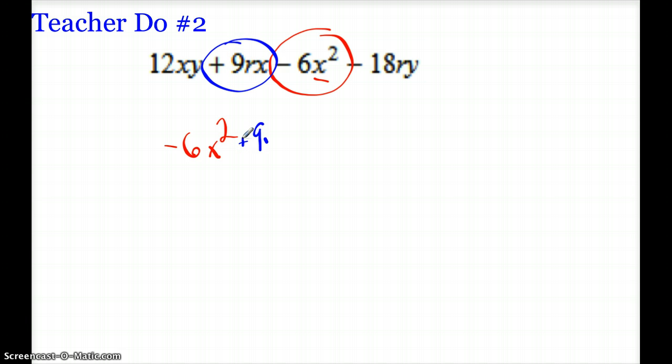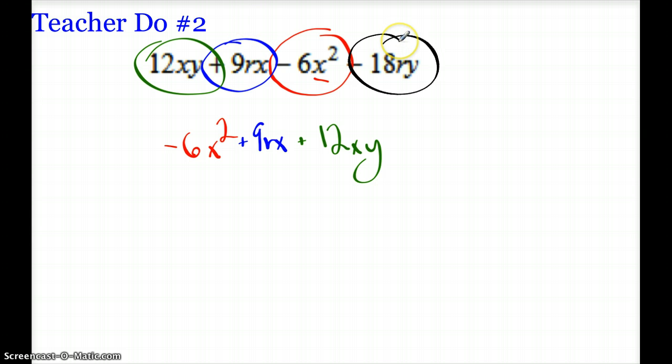I'm kind of going alphabetical: x squared because it's the biggest one, then alphabetical by letters, which is r. And then I'll go with the 12 because xy comes before ry. Well, I want the x's first. So I'll have positive 12xy, and last but not least, I'll have the negative 18ry.